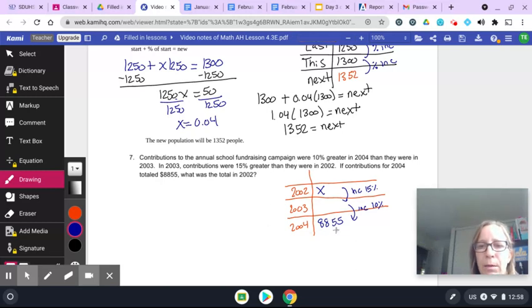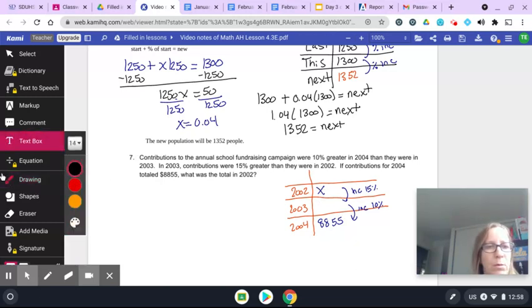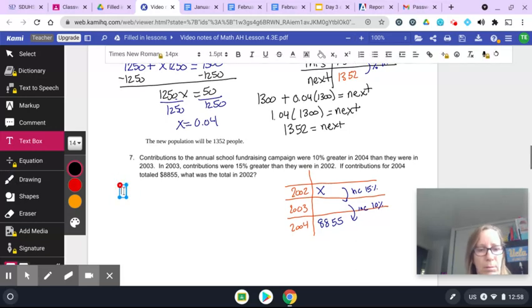So here I am going to think backwards. I'm starting here at X. So my start plus 15% of my original, 0.15X, is equal to my number for 2003.